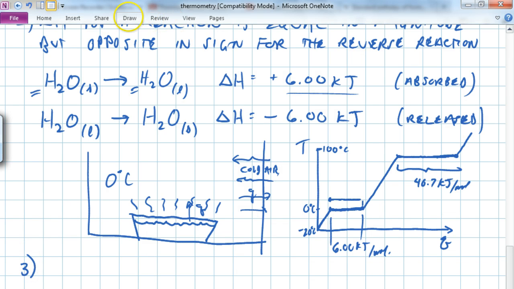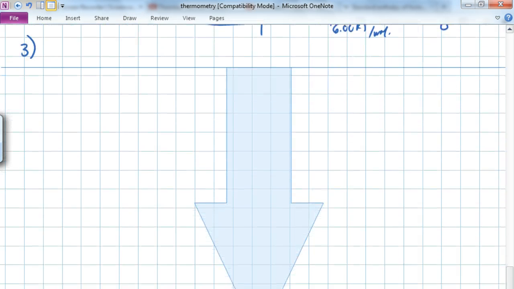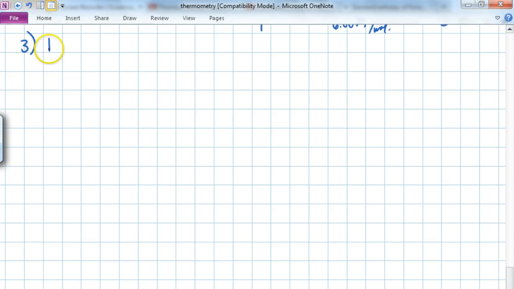Rule number 3. Rule number 3, we start to get a little bit more involved. The first two rules are pretty straightforward. Rule number 3 has a name. It's called Hess's Law. And it works like this.